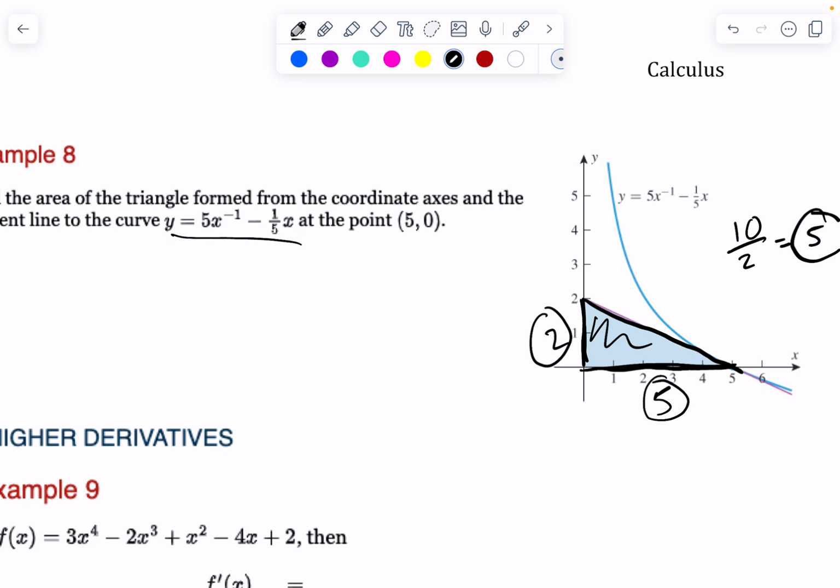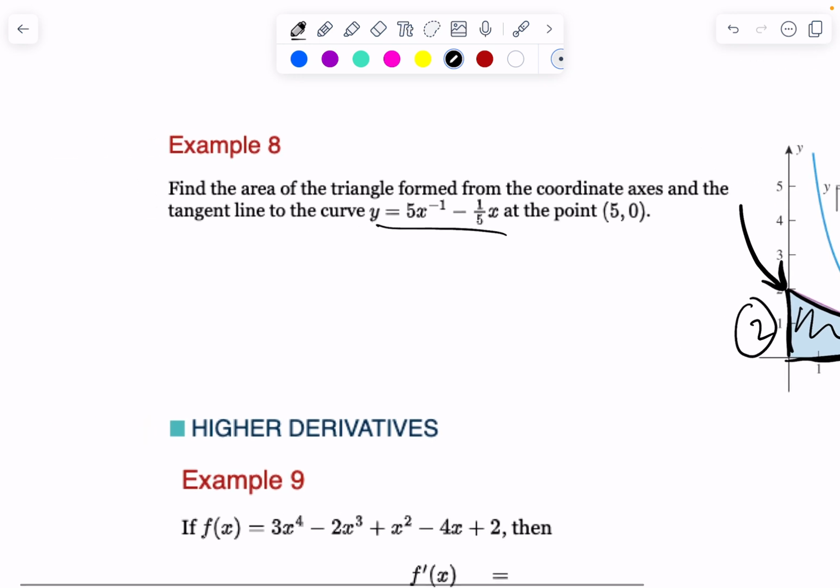I don't know if they were wanting us to use calculus to find the equation of this tangent line first. But given the fact that I have the graph, like I just graphed the thing and whatever. So let's do this. Let's change this.